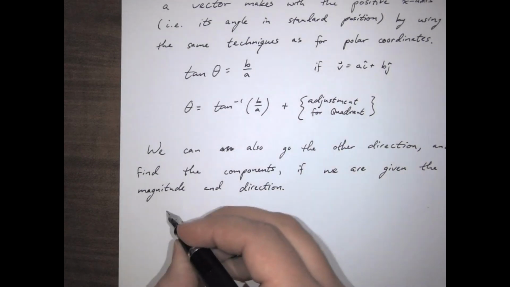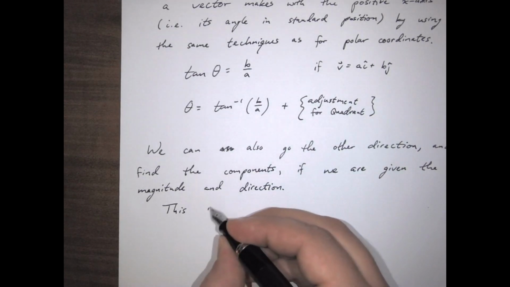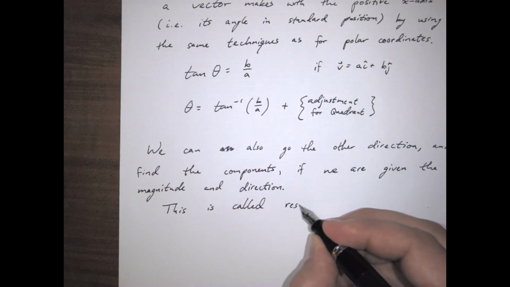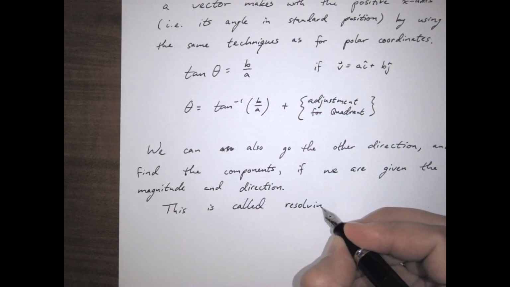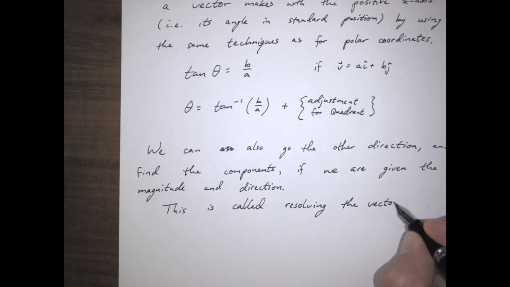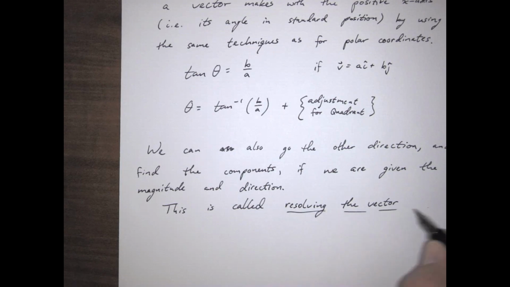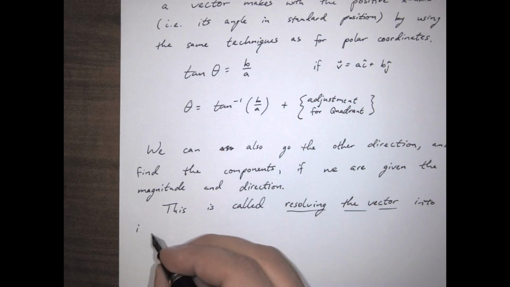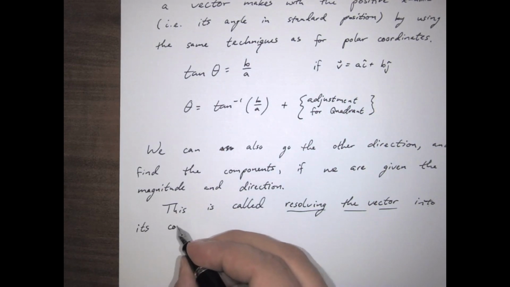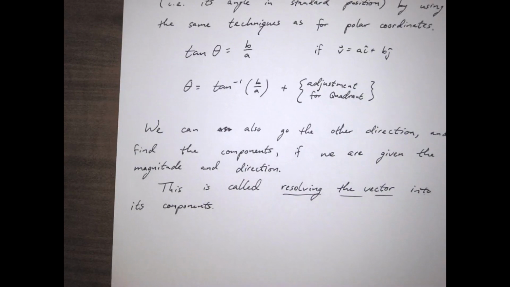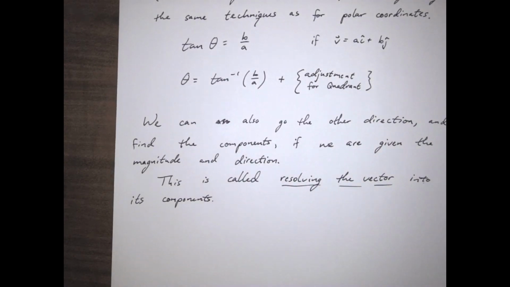So this is called resolving the vector into its components. And this is the usual way a lot of calculations are done in physics.